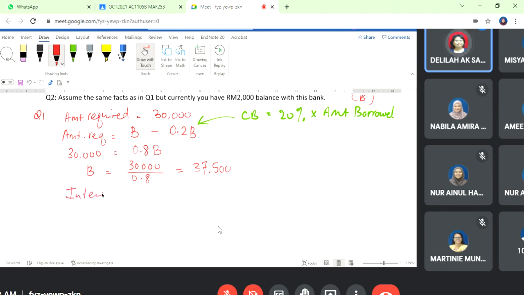we calculate the interest. This is a simple interest loan. Interest is at the rate of 12% for 1 year. In this example, we are borrowing for 1 year.